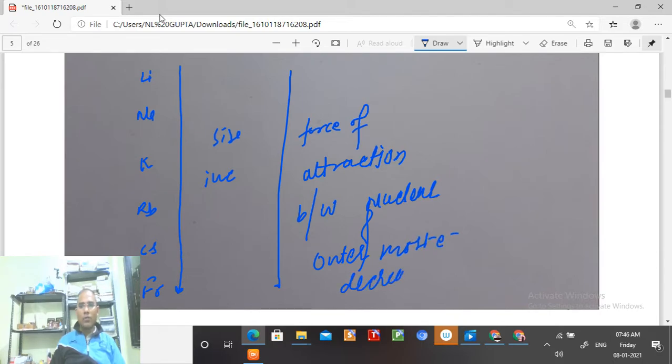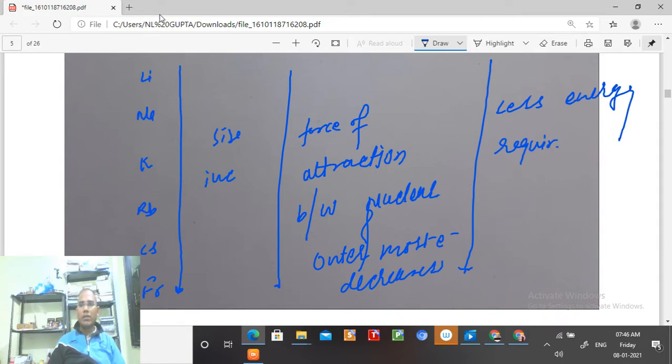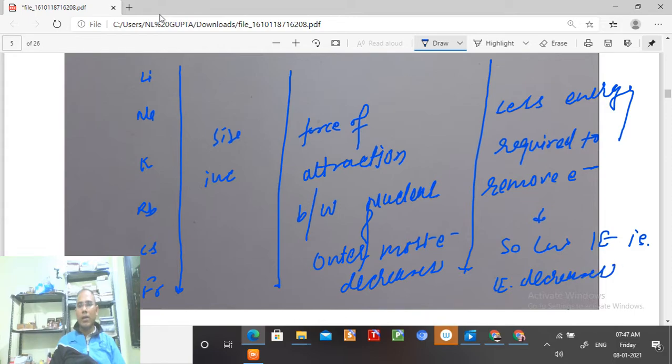So if it decreases, what will happen? Less energy is required to remove the electron. So what we can write is low ionization enthalpy, IE; ionization enthalpy decreases down the group. That we can understand, student.